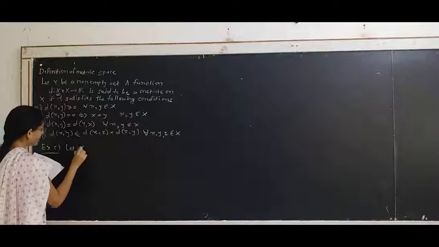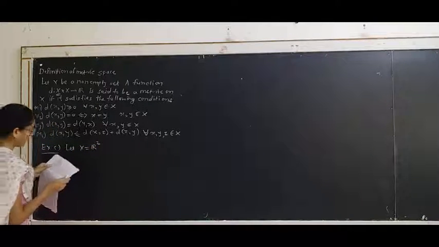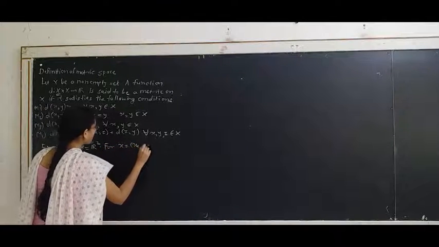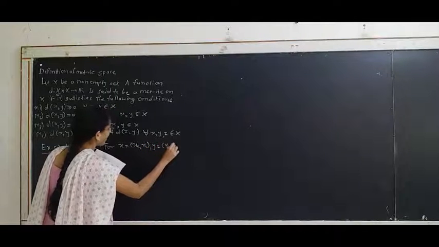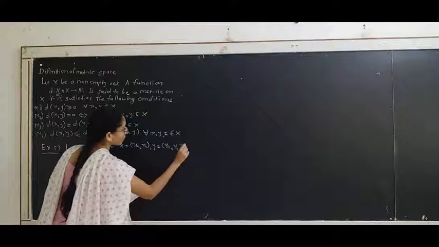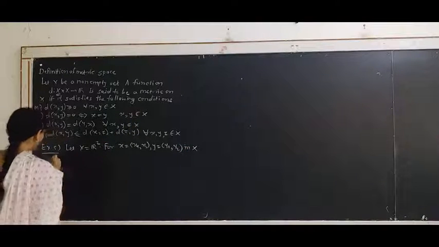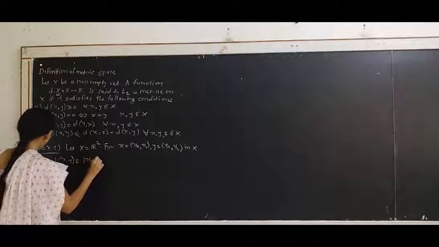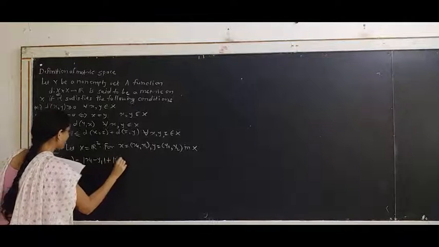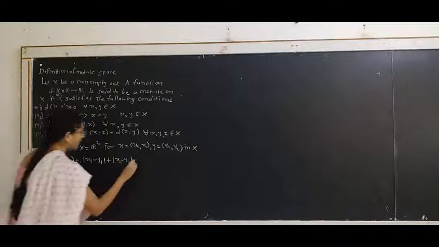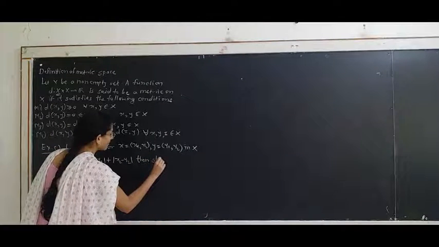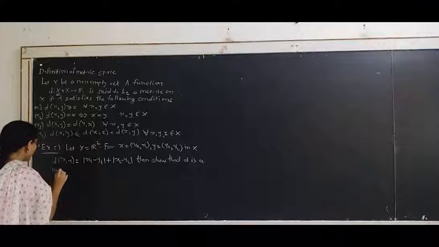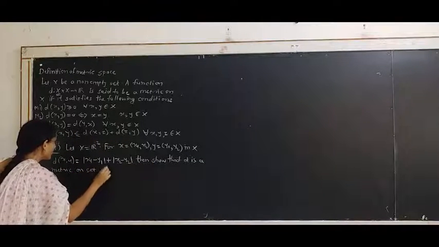Let X be the set of all points in the plane R2, with x equal to (x1, x2) and y equal to (y1, y2) in X. D of xy is equal to mod of x1 minus y1 plus mod of x2 minus y2. Then show that D is a metric on set X.